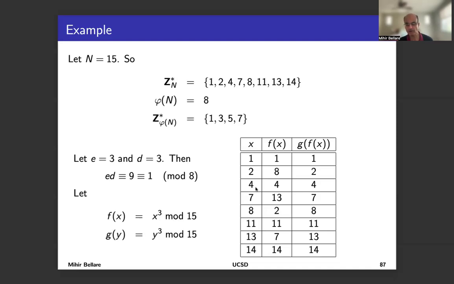But then you take it mod 15, and 60 is a multiple of 15, so you're left with 4, and so on. This then says, let's raise y, which is this value now, to the power of d. Coincidentally, d is also 3, so it's also cubing, but conceptually it's a different power.